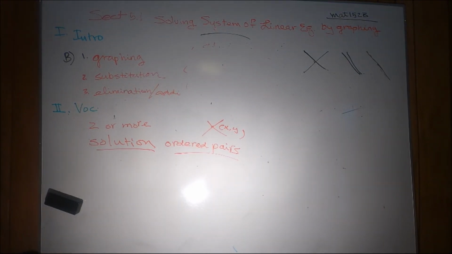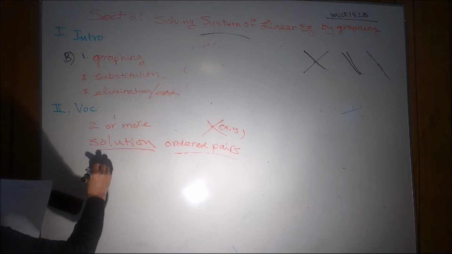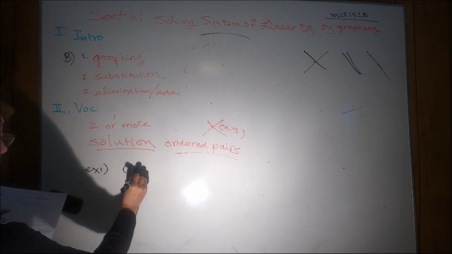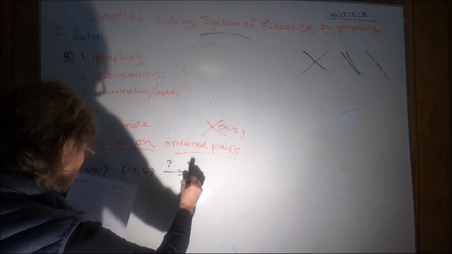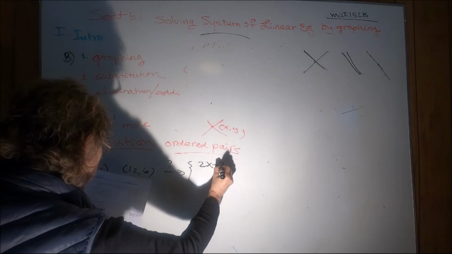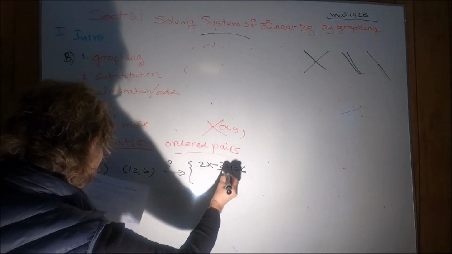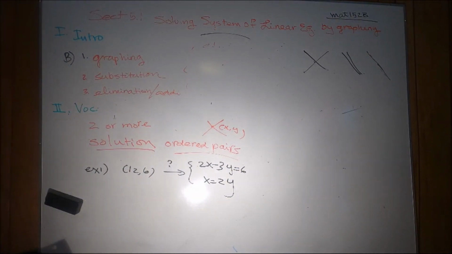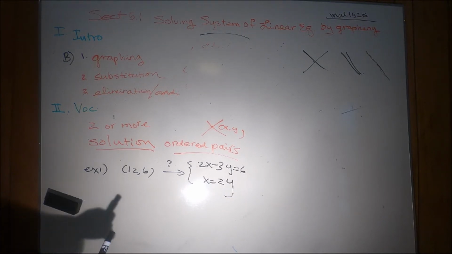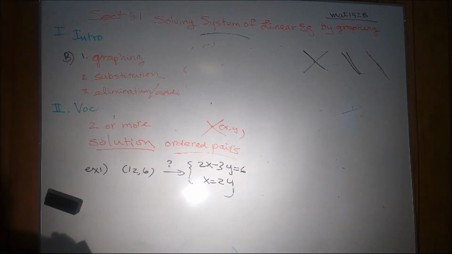So now you can look at the example to decide, oh, if I give you this point, is this point a solution for the system we have? The system is 2 lines, right? How do we know? It has to be on both of the lines if it works, right?